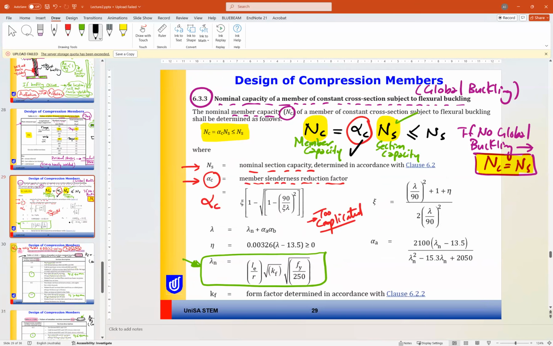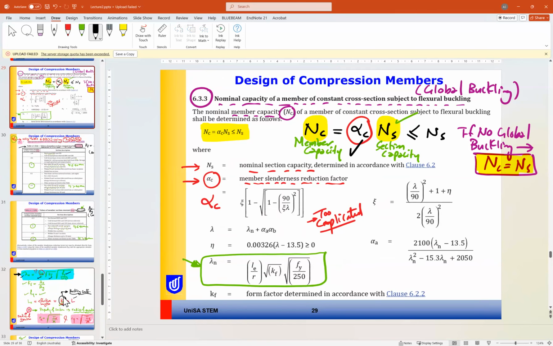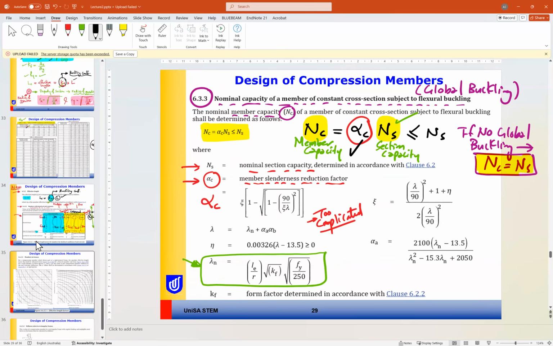So the calculation for the member capacity in compression is a little bit longer than tension, because you need to find the parameter alpha c, which is lengthy in the calculation.